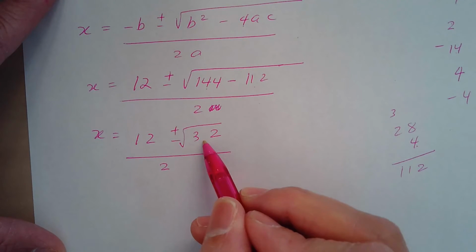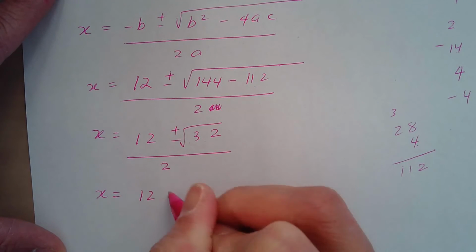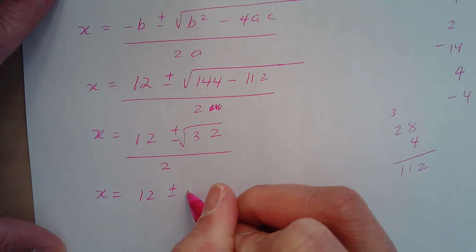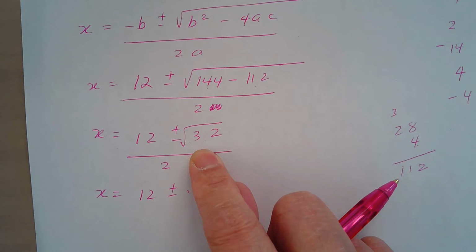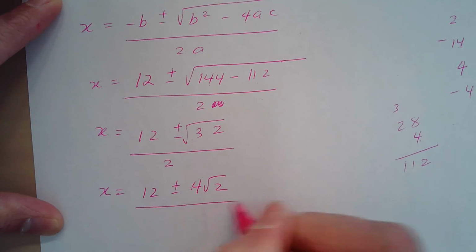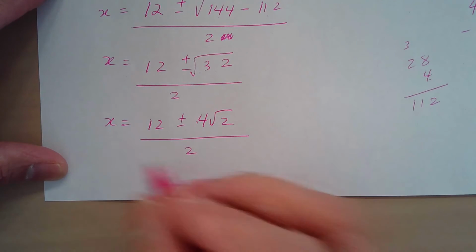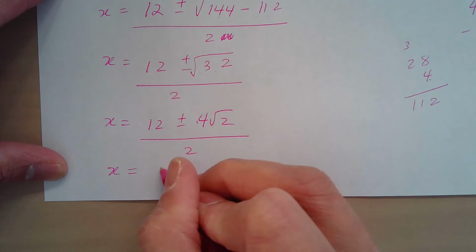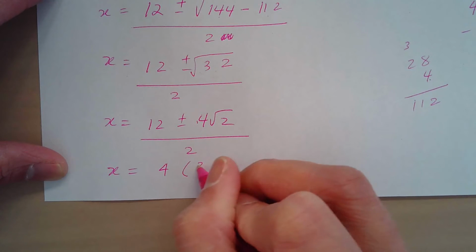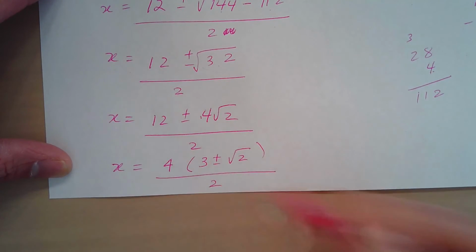So this one here has a perfect square factor, so it's going to be 12 plus or minus, it has 16 times 2, so it's going to be 4 root of 2 over 2. Common factor here of 4, so it's going to be 4 times 3 plus or minus root of 2 over 2.